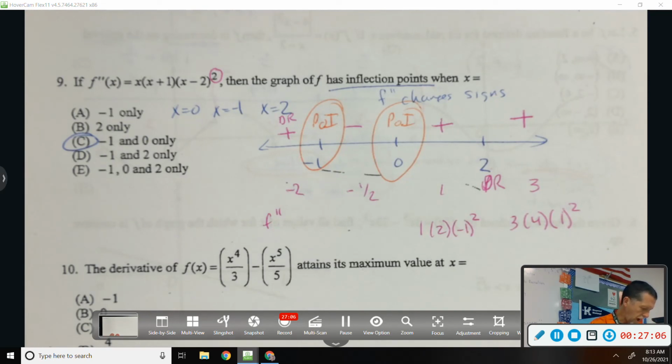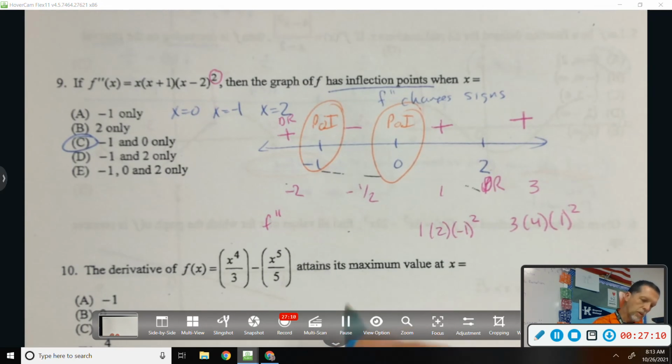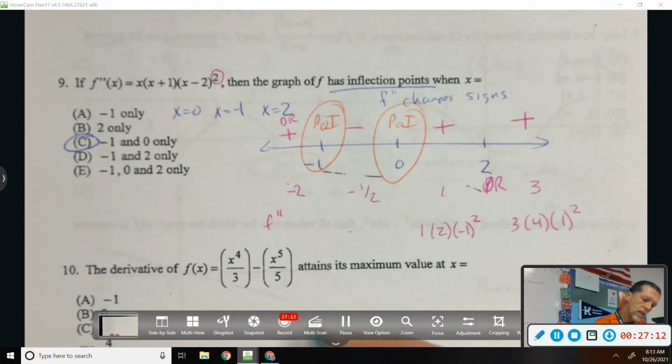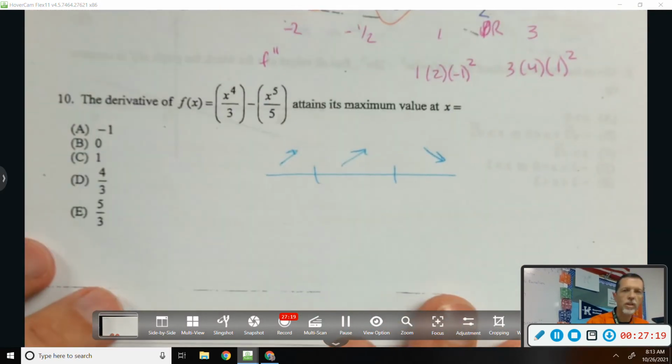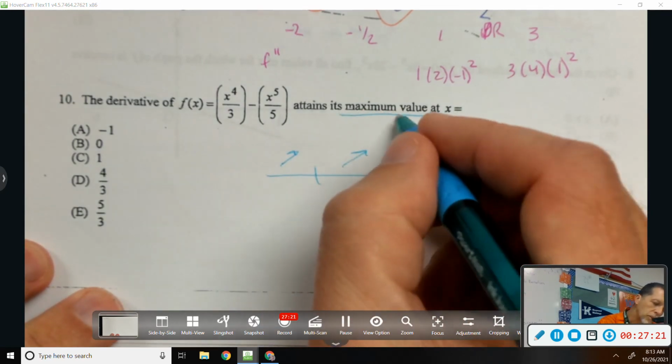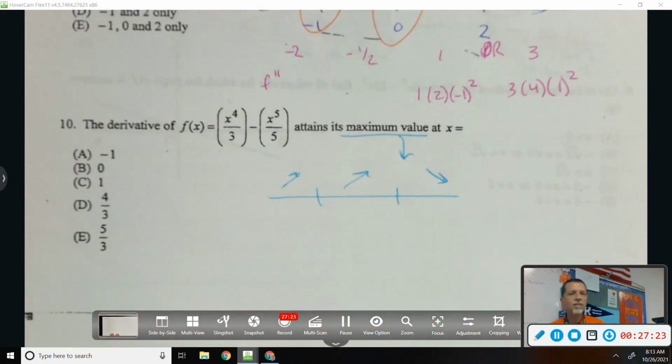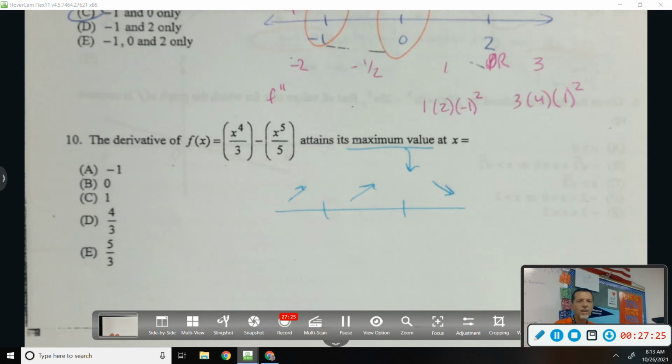Something similar happens on number 10. You do the number line and you end up with increasing, decreasing. And so the maximum value would be whatever that spot is. That's sort of jumping in halfway into the problem.